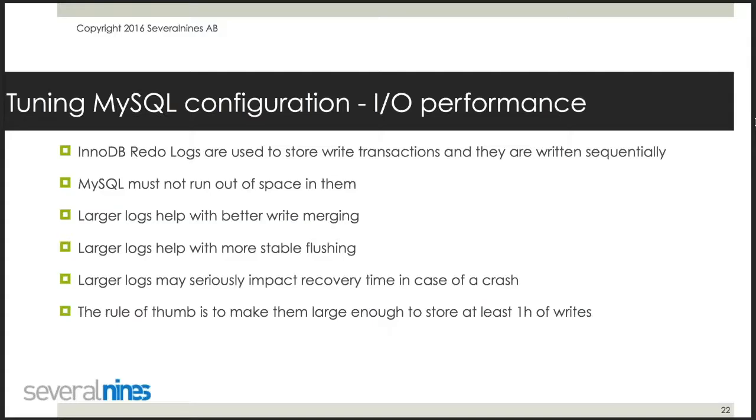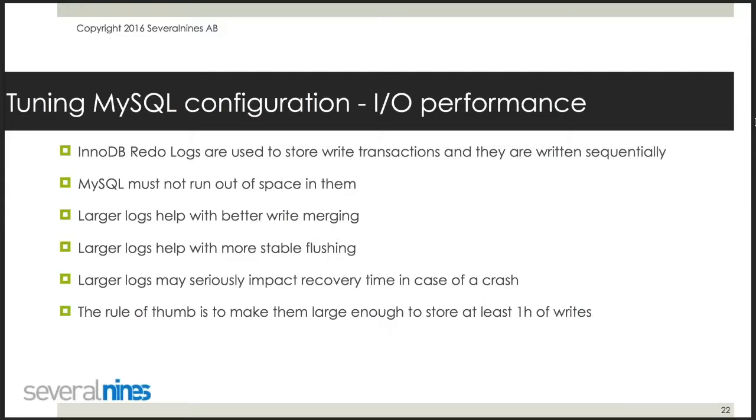Larger logs help with more stable flushing, because then the adaptive flushing mechanism has more time to kick in and increase its performance and to actually accommodate those temporary spikes of the write traffic.